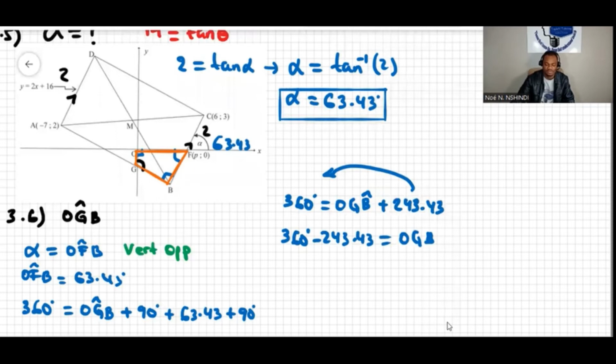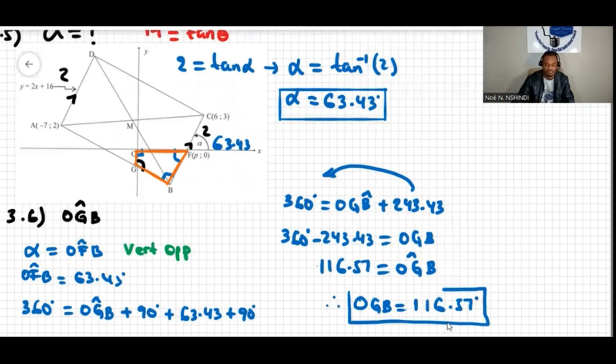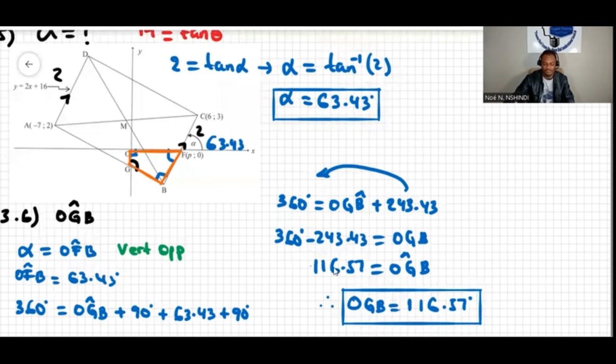That makes 116.57 equal to OGB. Therefore, OGB is equal to 116.57 degrees. Then we got it. Then let's move to the next question.